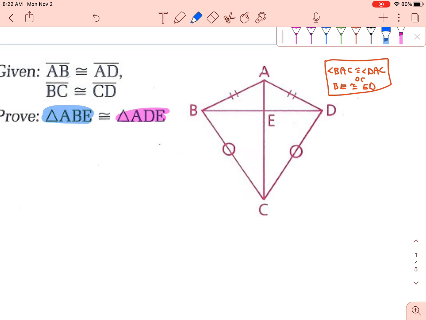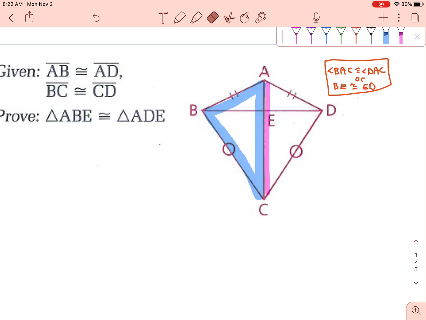So the next thing we do is pick out some different triangles, right? Let's try these triangles right here. I see that we already have a side right here and a side right here. We have this reflexive side, and we don't have any more information. So now let's think outside the box. Let's go bigger. Sometimes highlighting the information that you have is really helpful.